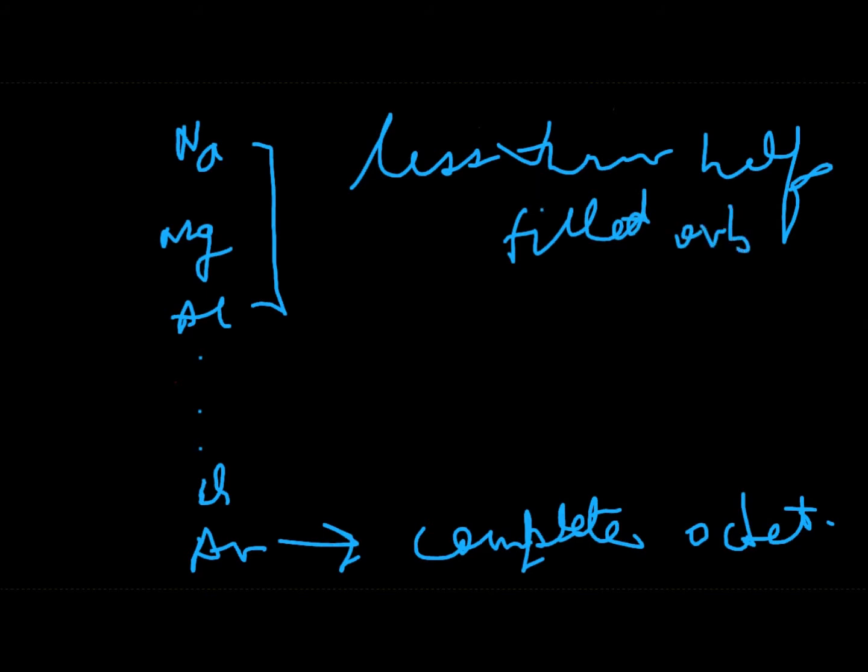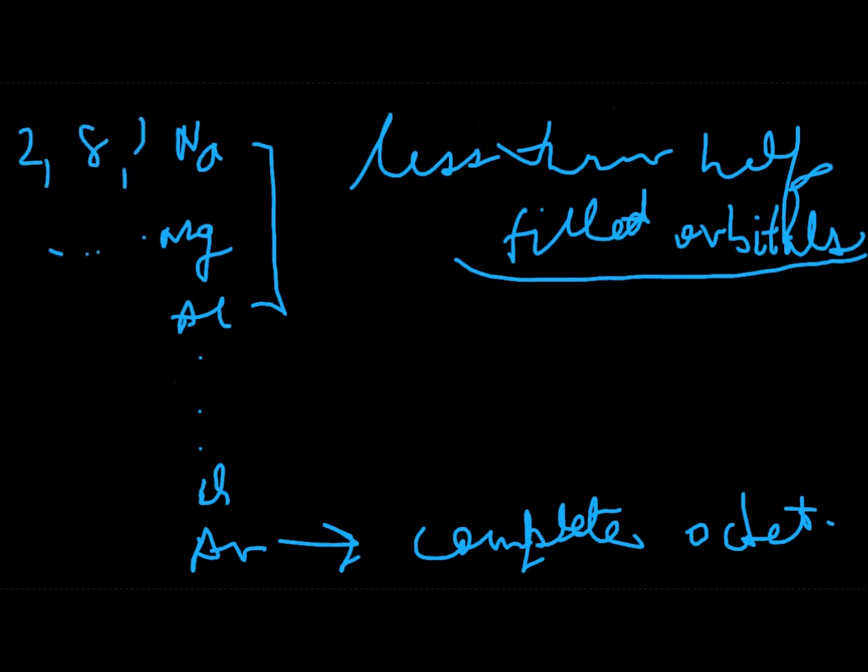Don't get confused with this word. It's really important in your senior classes, but as of now, just take it as less than half filled shells. All right. So guys, now this will have a configuration of 2,8,1, similarly 2,8,2, and similarly 2,8,3.